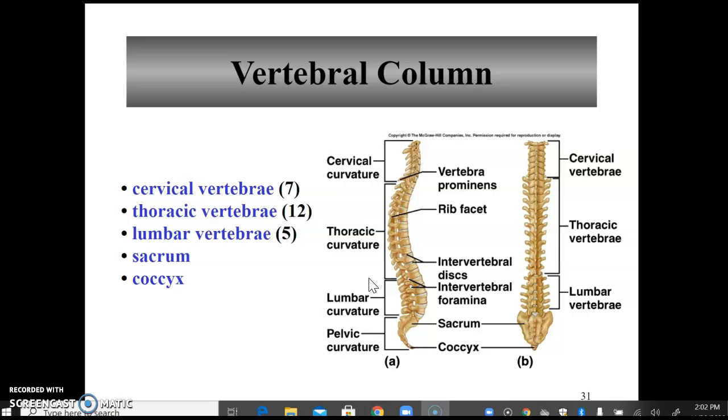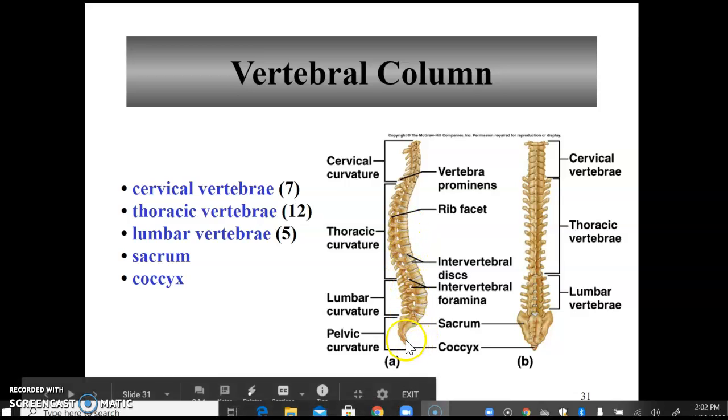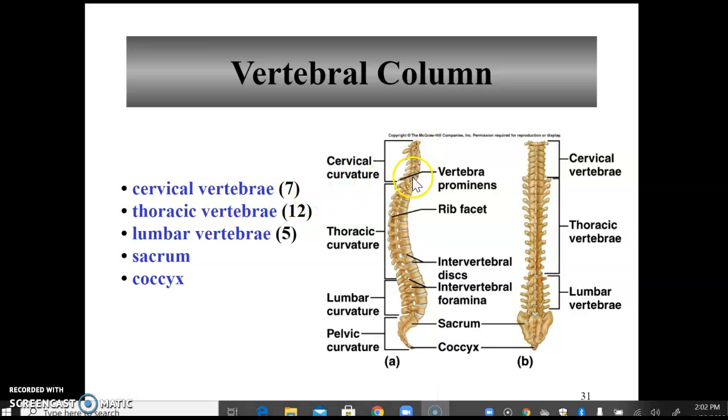We're going to move into the vertebral column and the thoracic cage. The vertebral column is made up of three different portions of your vertebrae, and then a sacrum and a coccyx. Your cervical vertebrae are the first 7 vertebrae, and your thoracic are the next 12 vertebrae, and lumbar are the 5. You often hear these referred to, especially if you're talking about injuries, they may say a C1 or a C2.